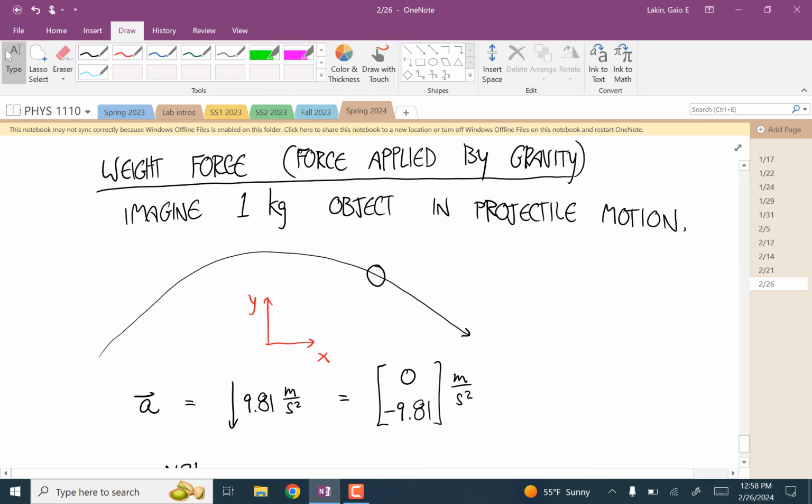And so on the surface of Earth, where we live, 2.2 pounds is a kilogram. But if you went to the moon, something that had a mass of 1 kilogram would have a much smaller weight in pounds associated with it. Okay. But on Earth, the stuff we're used to, a kilogram is a little over 2 pounds.